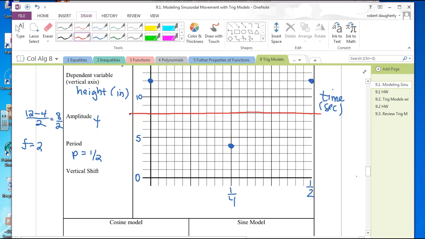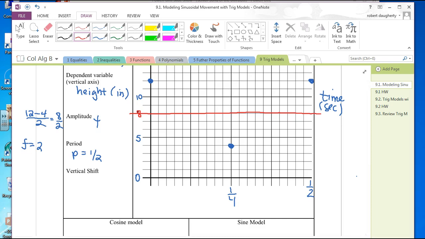What do you think that represents for my graph? Where the x-axis would be, we call that what kind of shift? A vertical shift. So this looks like a trig graph that's been shifted up how far? This looks like it's been shifted up 8, okay?